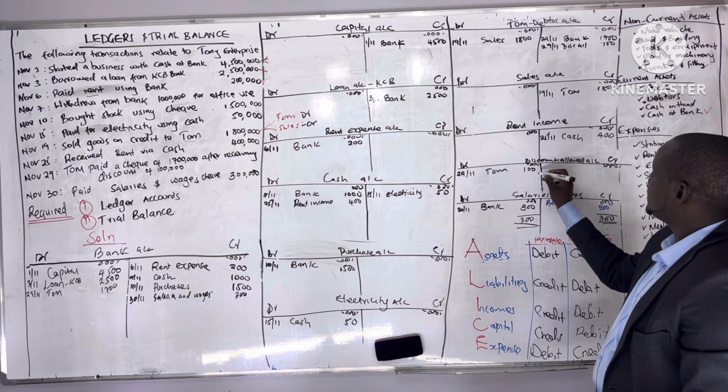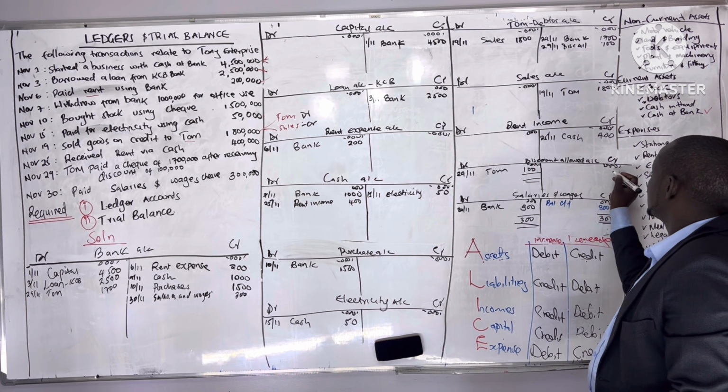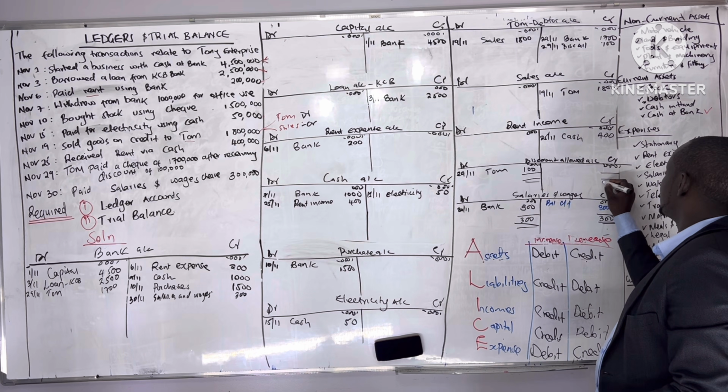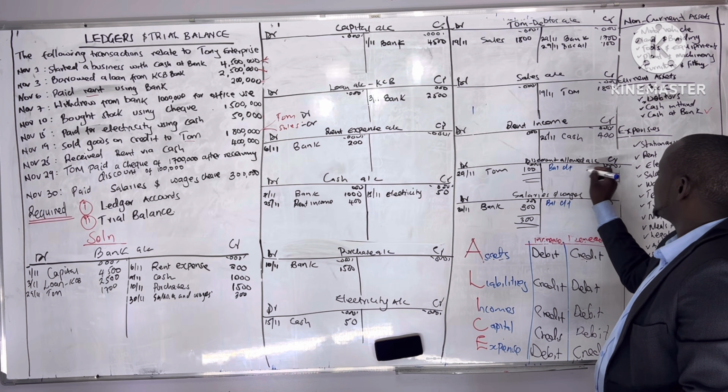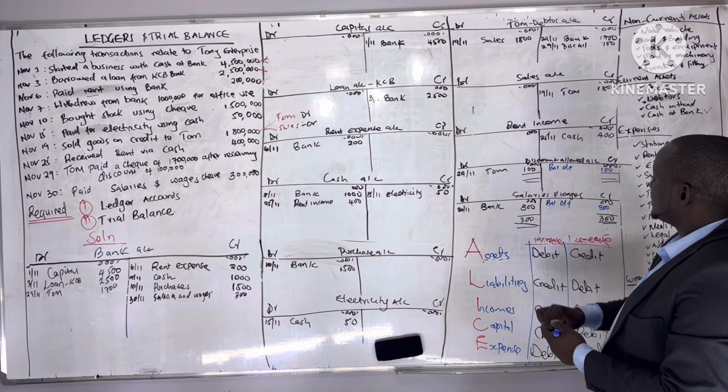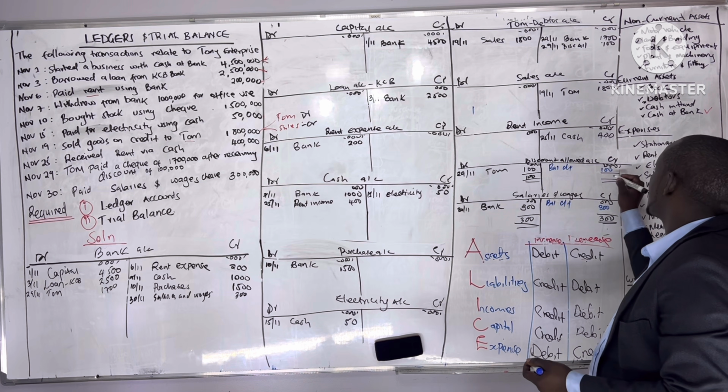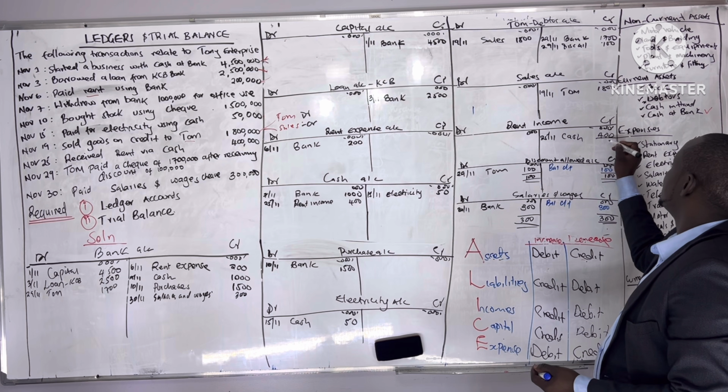I do the same to this. Tom is 100. I want this side to have 100 also, so I put balance carried forward 100. So here we have 100, 100. This side, the total is 400.